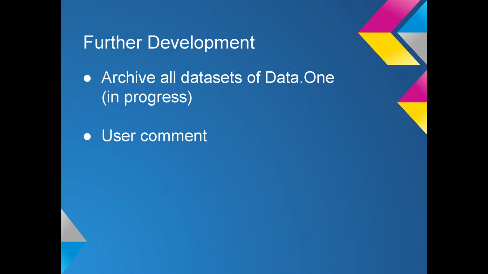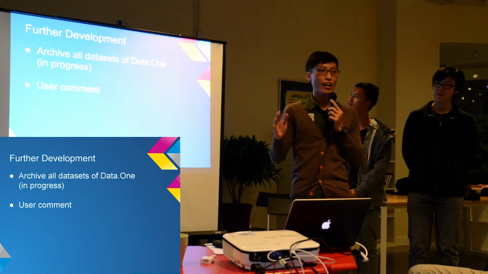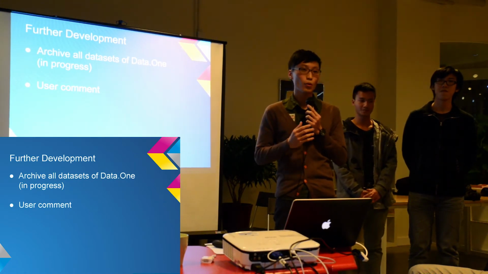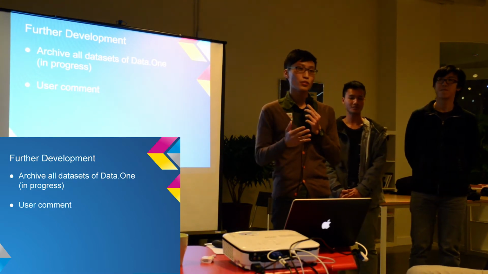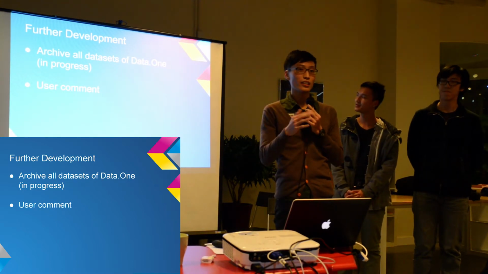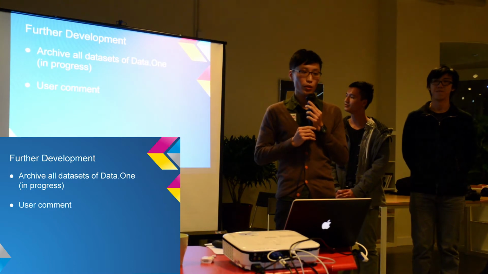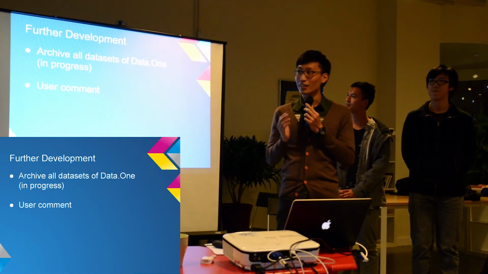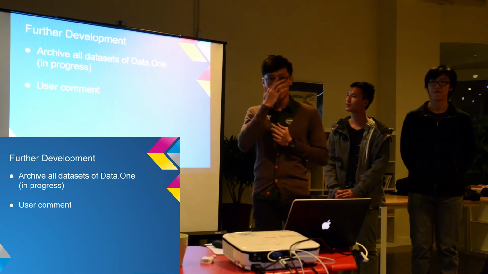Okay. So for further development, we are going to archive more. Since we all know there's an issue with Data One: the archive version of some past datasets is not provided. So we are going to archive some of the datasets. We have kept some Data One datasets for a few months.